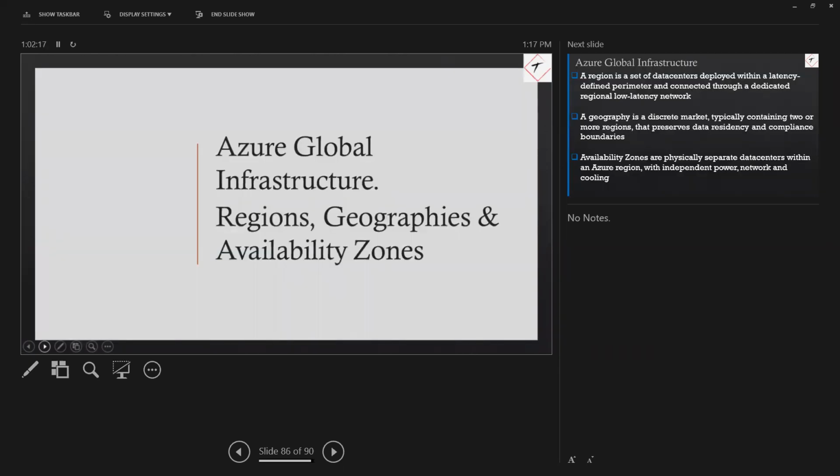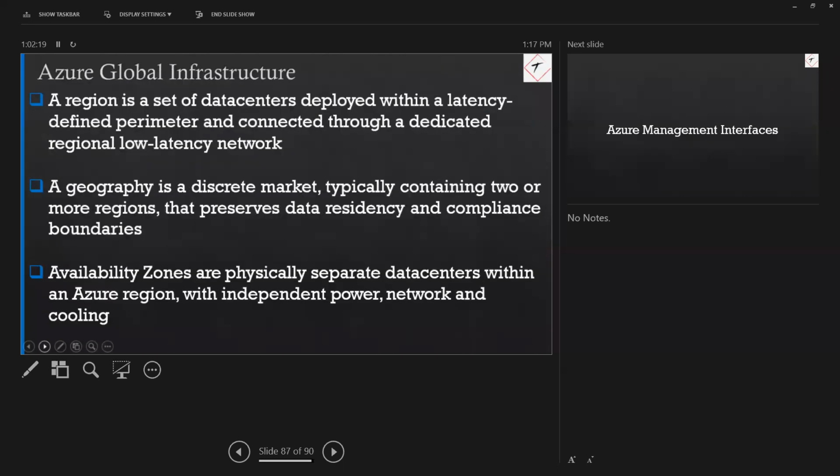Azure Global Infrastructure: regions and availability zones. An Azure region is a set of data centers deployed within a latency-defined perimeter and connected through a dedicated low latency network. A geography is a discrete market, typically containing two or more regions, that preserves data residency and compliance boundaries.